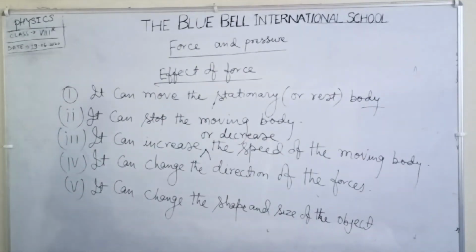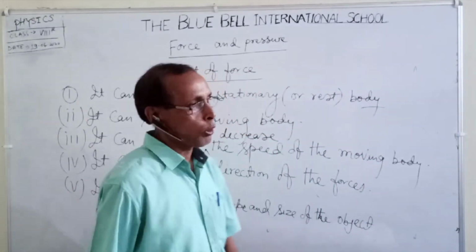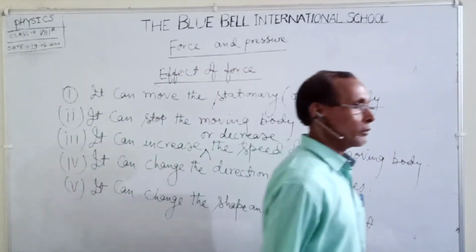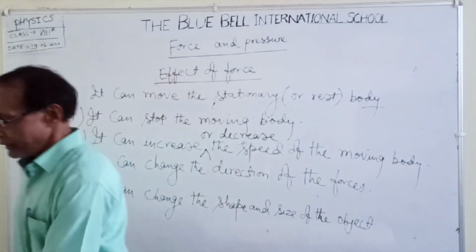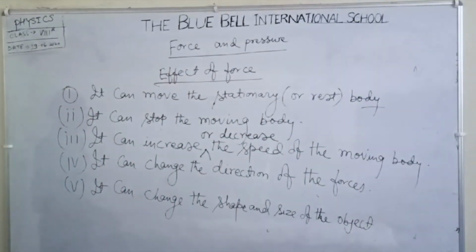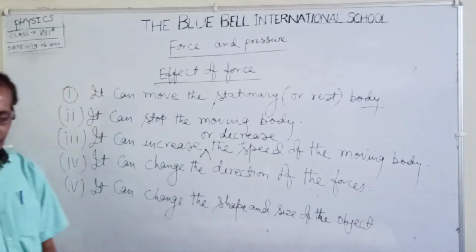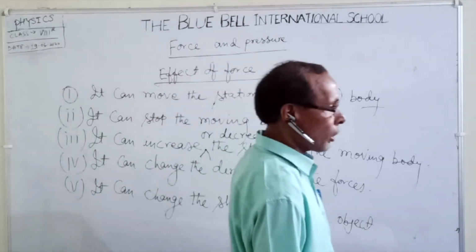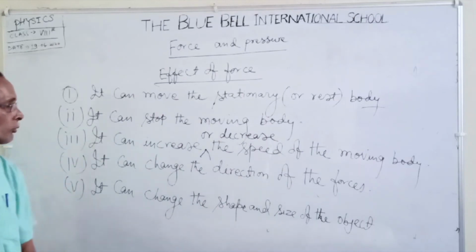When the batsman receives the ball from the bowler, he applies a force with the help of the bat. In that situation, what happens? It changes the direction, because whatever the direction was previously, that direction is now changed. So here, changing of direction takes place by applying the force.